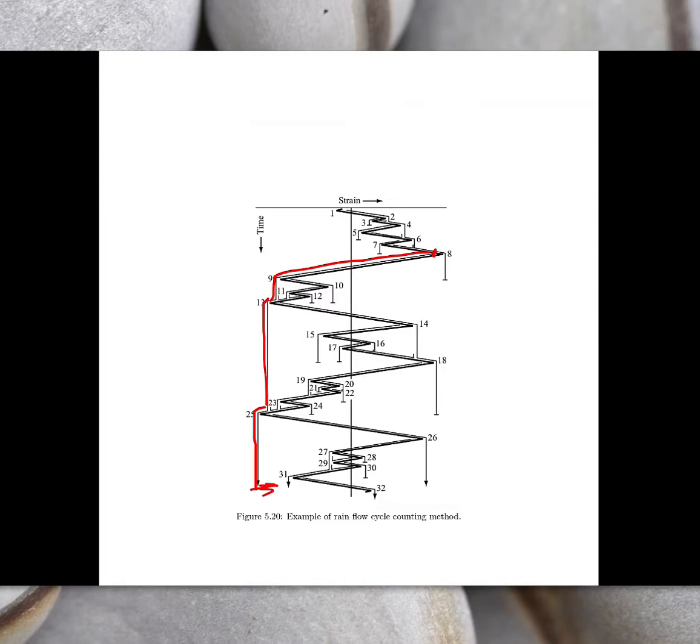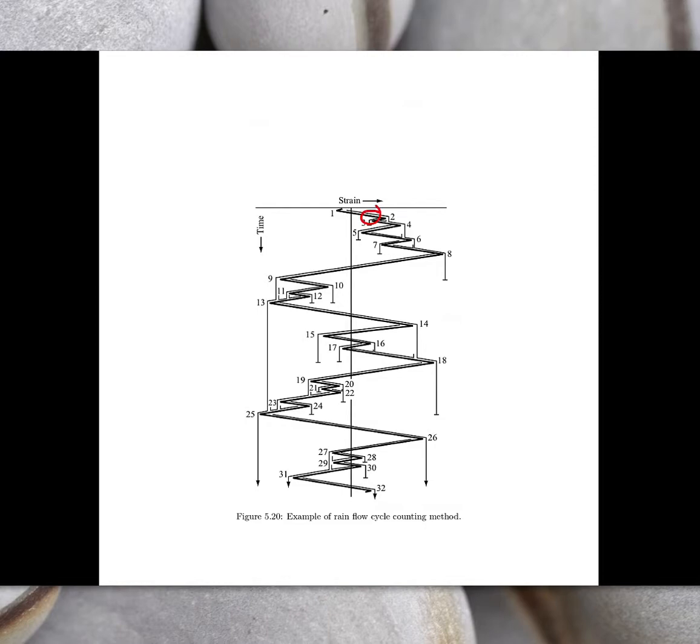But in case you start from this peak here, then you rain down, and then you're going to stop at this peak, which is higher: 18 is higher than 14. So whether you are starting from a valley or a peak, you always stop opposite to another one that is either deeper or higher. Rule number 3 is that rain doesn't intersect.